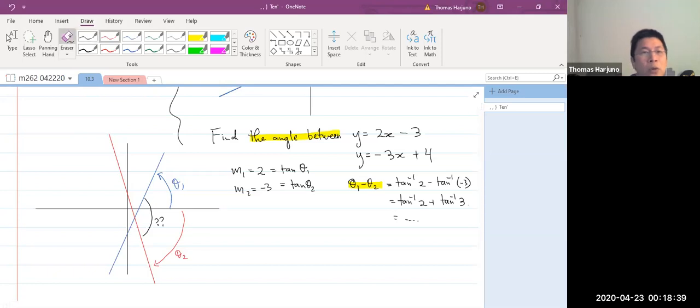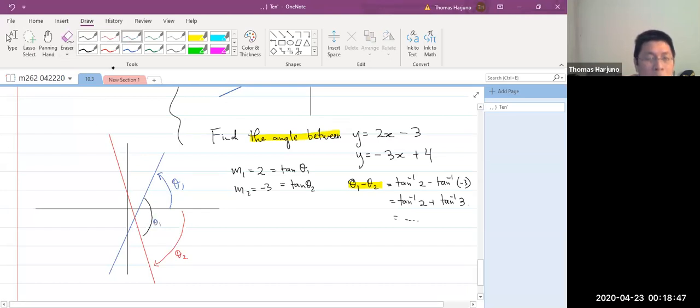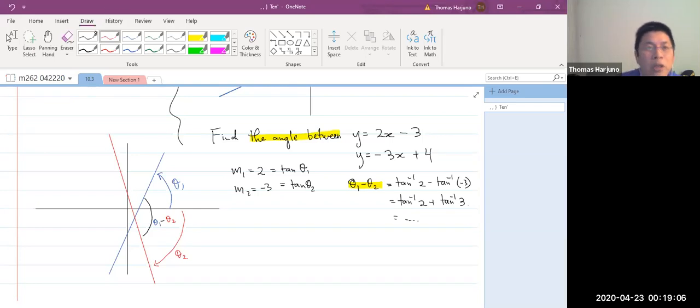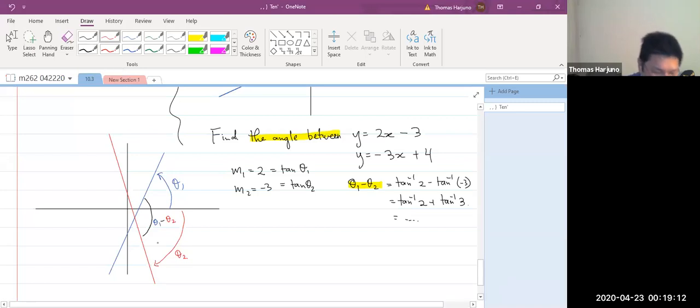So the angle that we try to find is basically theta 1 minus theta 2, which they end up adding, adding each other because they go in opposite directions. So this question is supposed to be an easy question, but it relies heavily on this knowledge. Now that's for this theta.